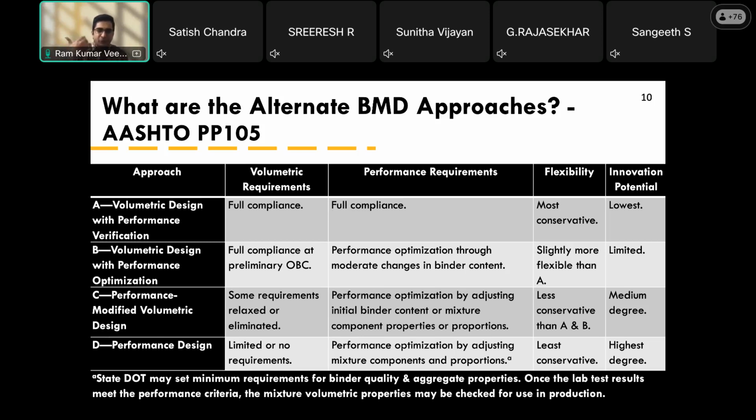If you look at the low risk category, that would be approaches A and B, and even C, whereas D is a more risk-involved approach. Based on our survey, 2 of the states are currently using approach D, Alabama and Tennessee, I guess. Those are the 2 states predominantly looking into approach D.